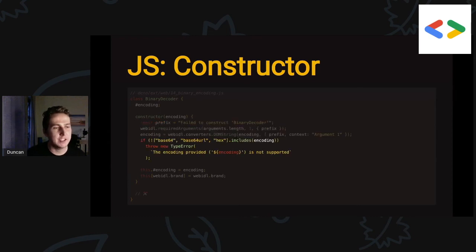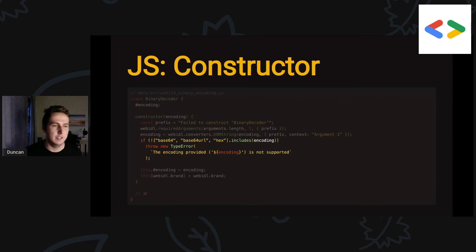And if we look here, this is just really a simple way of doing it. But I just said if we don't have one of these encodings passed through, so say someone passes like base 32 encoding, but we're not handling it, then we'll basically throw a type error. We'll say the encoding provided, and we'll mention what encoding they provided, is not supported.